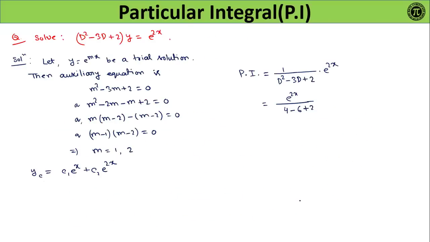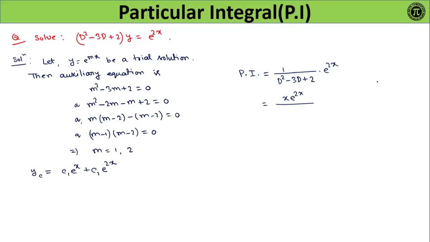So let's come to the problem. Here you can see that the denominator is 0. That means here we have to multiply by x and derive the denominator. So that will be x e to the power 2x divided by, what is the derivative of f of D?